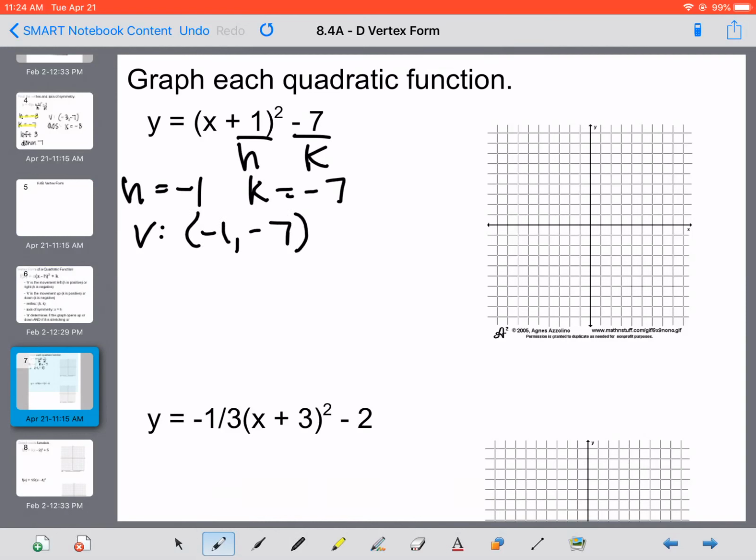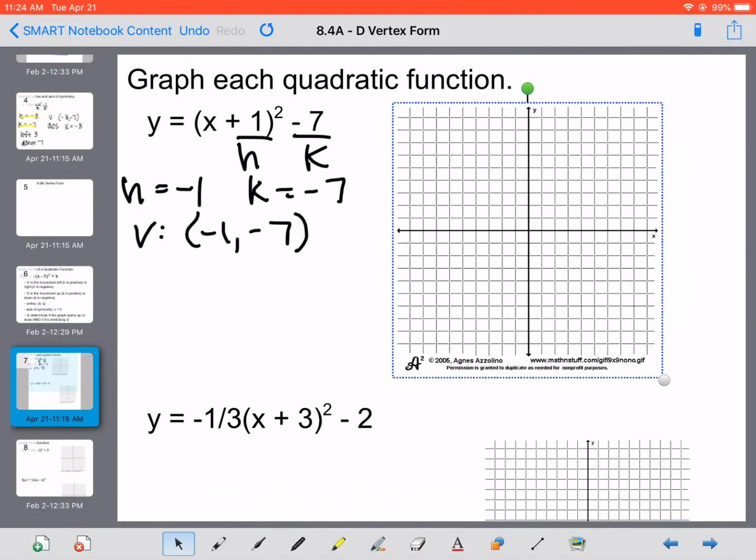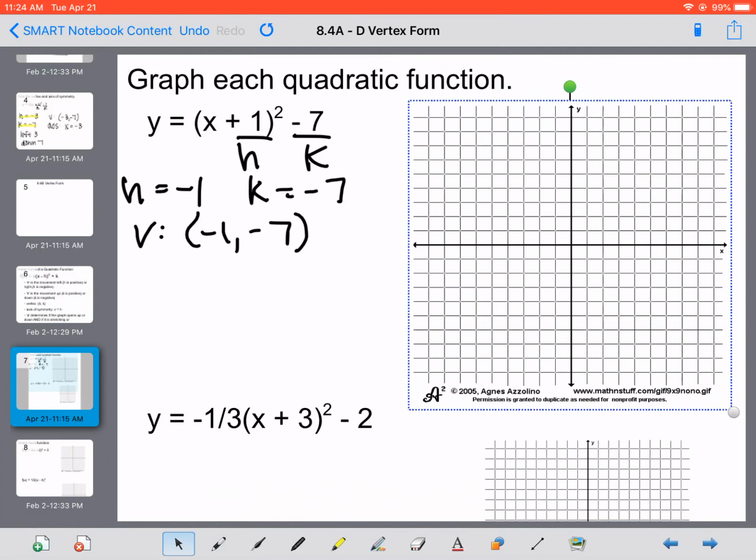That's step one. And if we were to graph this, I'm going to make this graph a little bigger. So if I were to graph that point, I would go left 1 and down 7. So there would be our vertex.